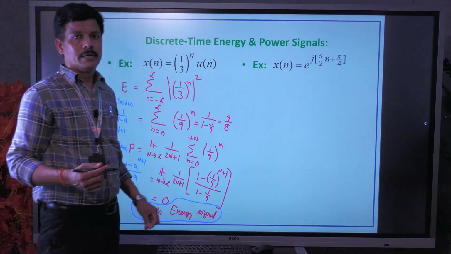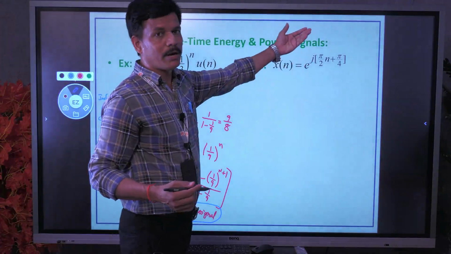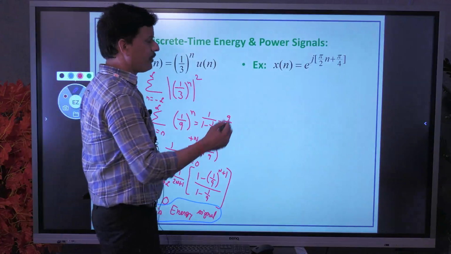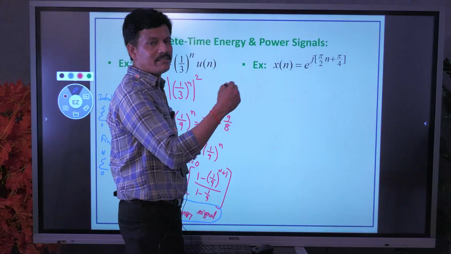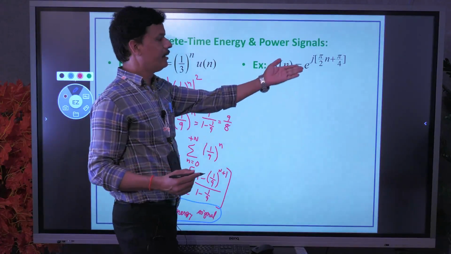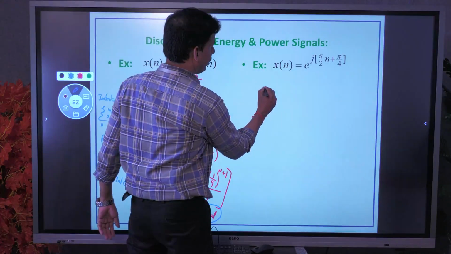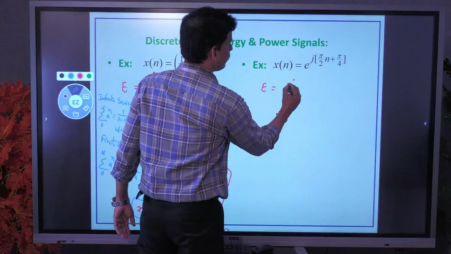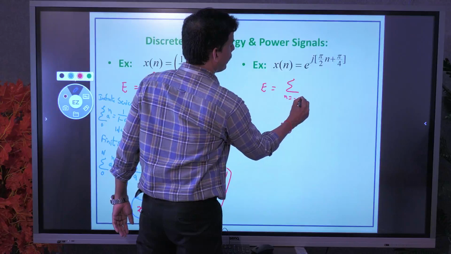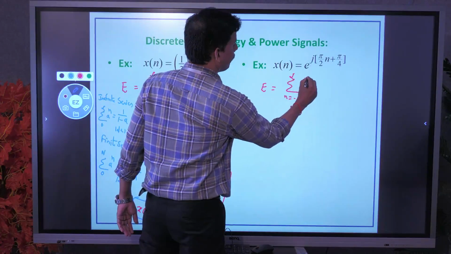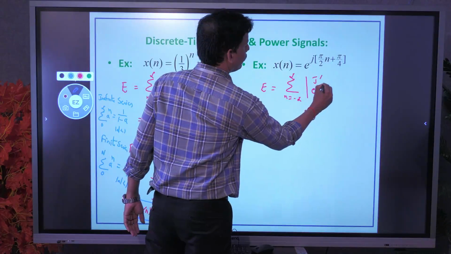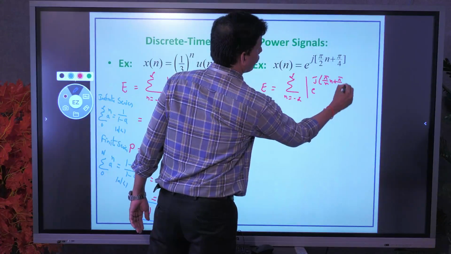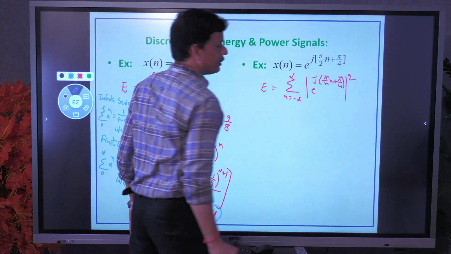Here also, the same type of signal that we have taken in continuous time, I have given here for easy understanding, for easy correlation of continuous time and discrete time. Here also, you can easily map it. Total energy E, the summation from n equal to minus infinity to infinity of the magnitude of e^(j(πn/2 + π/4)) whole squared.